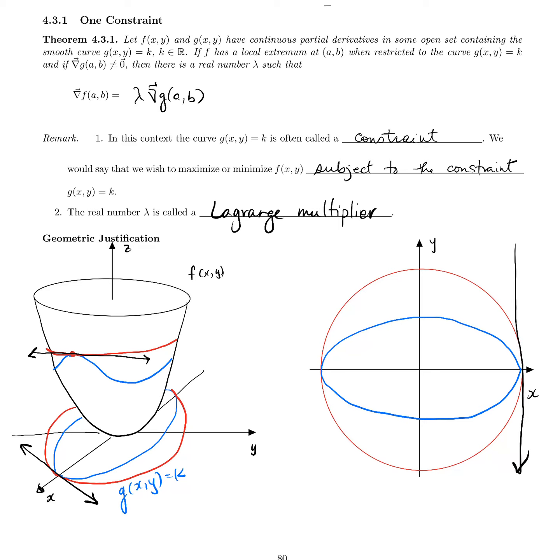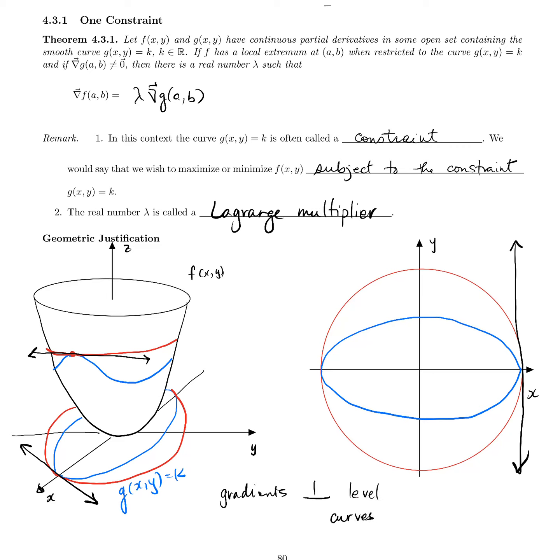So we had said that we can interpret g(x,y) = k as a level curve of a surface g. Well then, what do we know about the gradient? Gradients are always perpendicular to level curves.